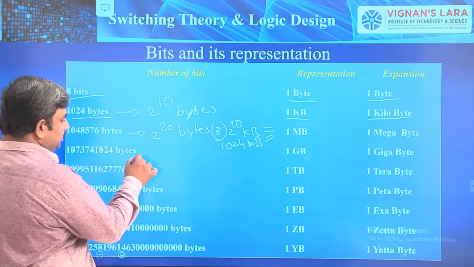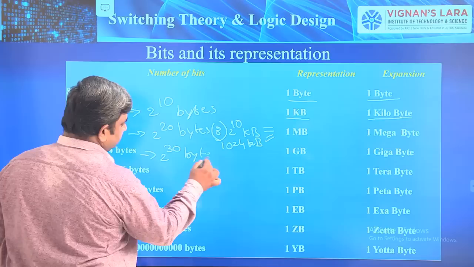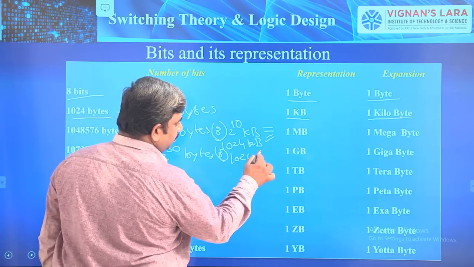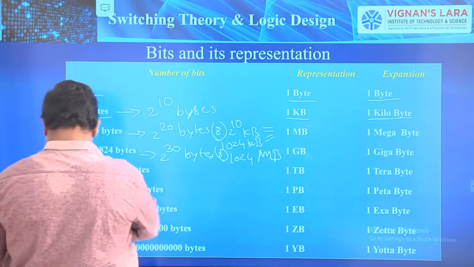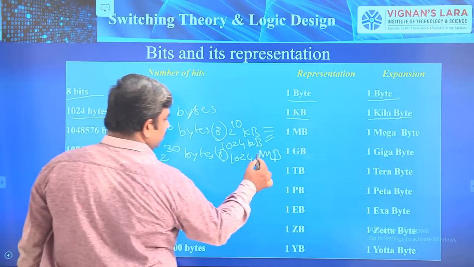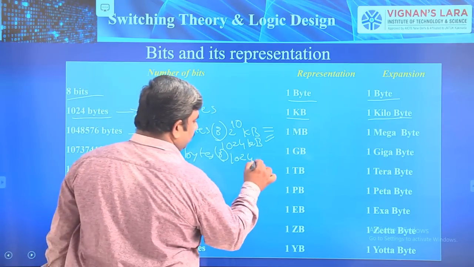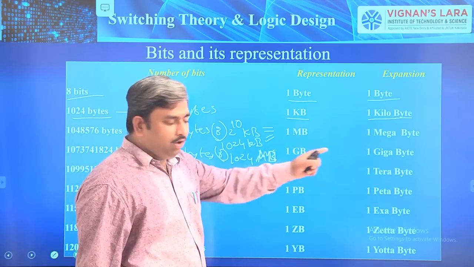Next, this is 2 power 30 bytes, or you can write 1024 MB. 1024 MB is equal to 1 GB.